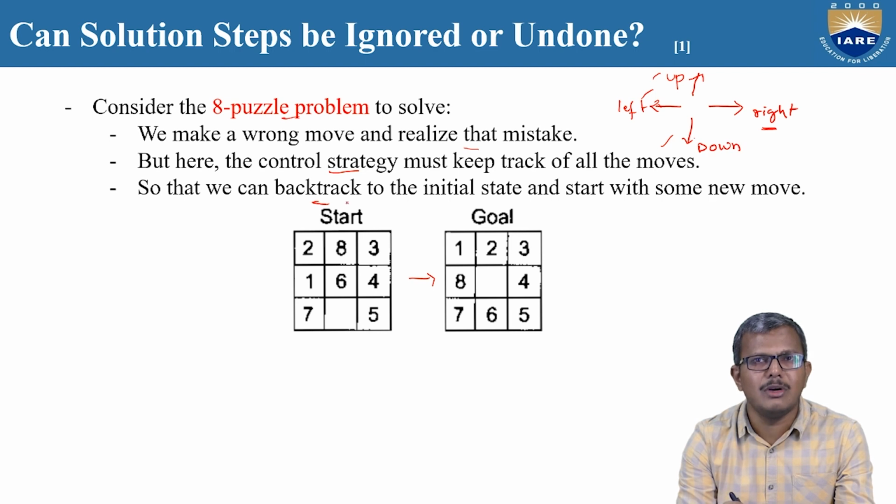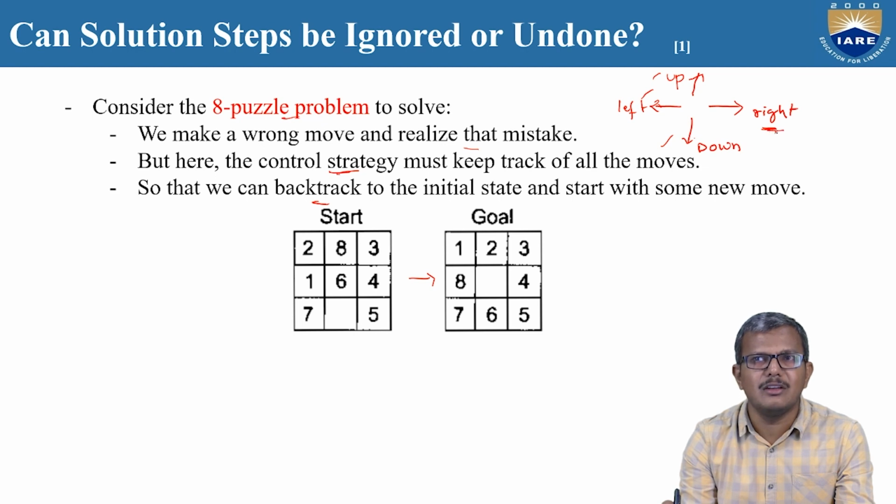Backtracking. So how is this backtracking supported? Because the control strategy keeps track of all our moves. Whenever all our moves have been recorded, then if you feel that one step is not making us move towards the goal state, you can simply come back and try it in other directions. In this case also the same thing.